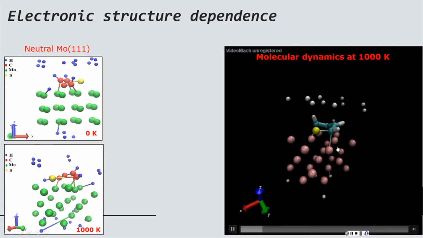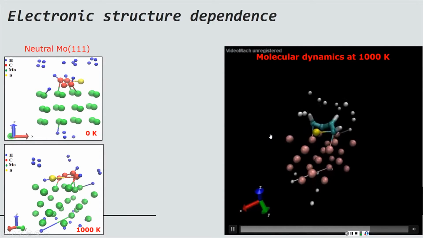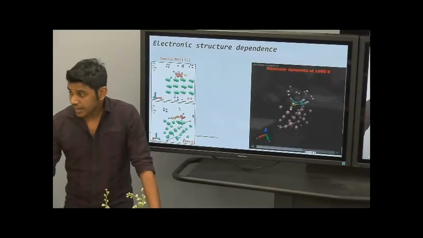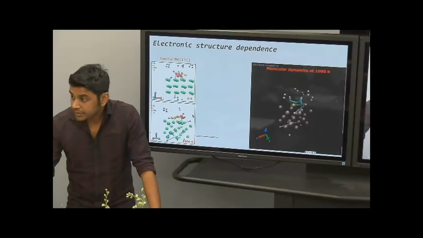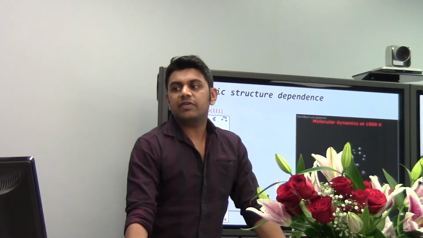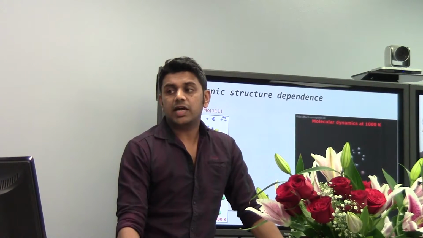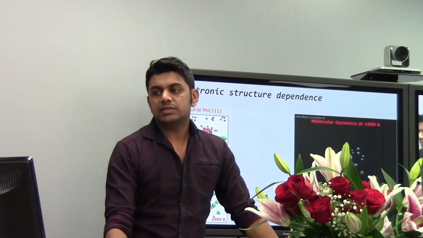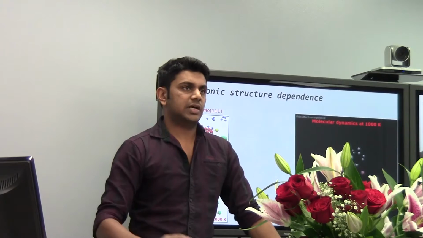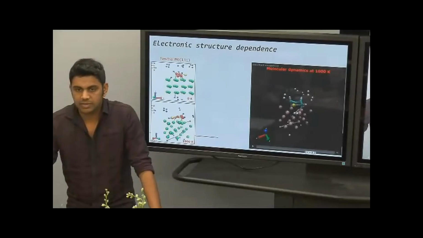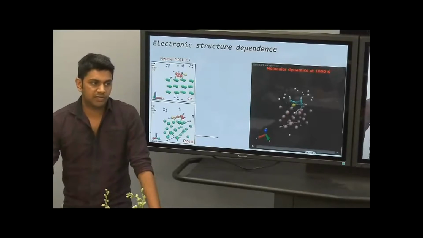This movie illustrates the dynamics of the thiophene molecule adsorbed on the neutral molybdenum surface at 1000 Kelvin. That means the sulfur is not removed from the hydrocarbon, and the surface is not catalytically active to remove this sulfur contaminant from the hydrocarbon fragment.